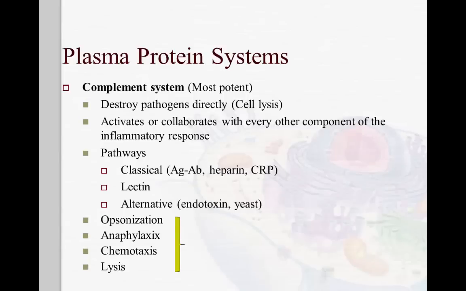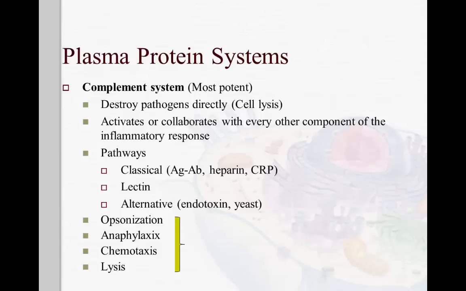So, in other words, we have summarized all the pathways for the complement system. We have the classical pathway, where there is activation of immune complexes, antigen antibody formation. The lectin pathway, where there is activation by mannose, which is the bacterial carbohydrate.